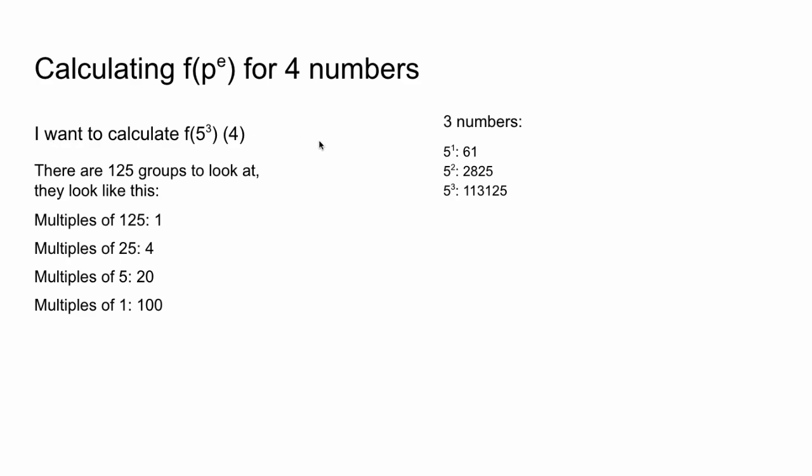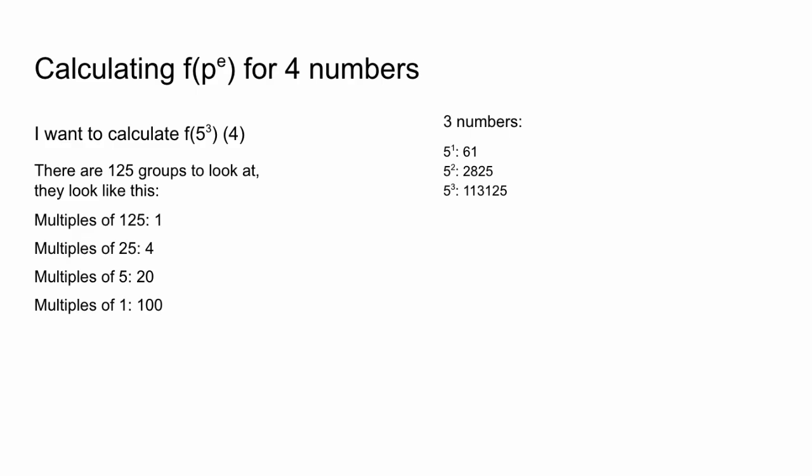There's 125 groups to look at here. There's four types, yada yada, right? We've done this all before. What I want to focus on here is how we determine how many multiples are in each group. Before, we ignored the first number and treated the last two numbers like a modified version of a problem that we've done before.